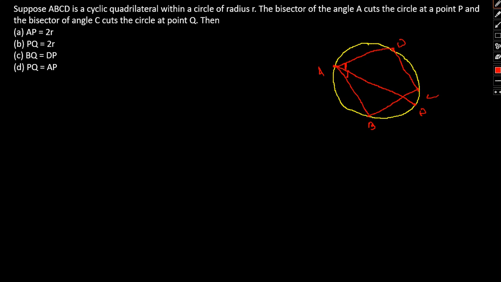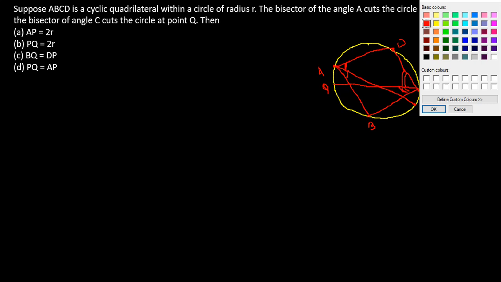Okay, and also it is given that bisector of angle C cuts the circle at point Q. So let this be the bisector, so that this angle is equal to this angle. So point Q. So this is my figure in general. Okay, so let's take a look at how we can go about solving the same.